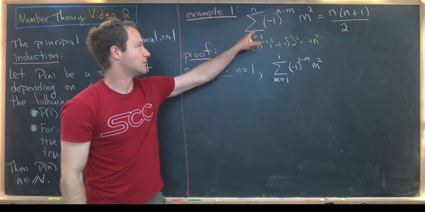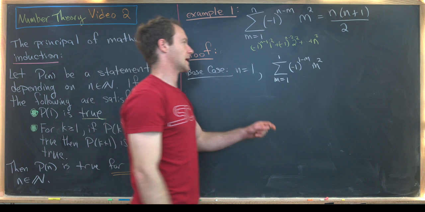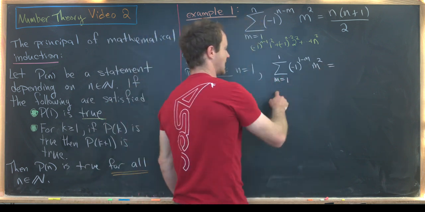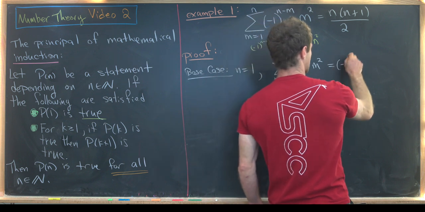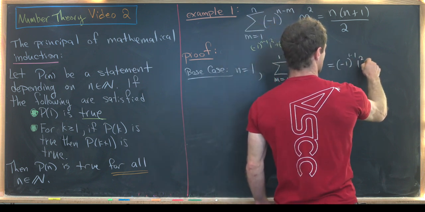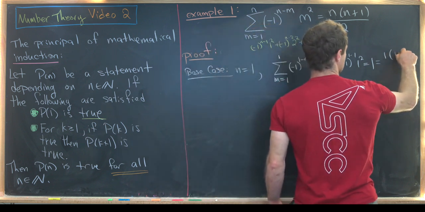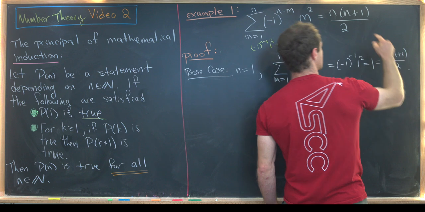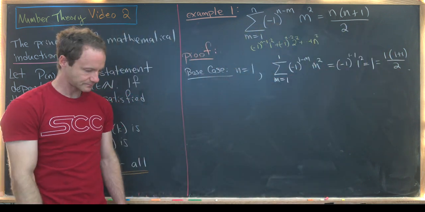So that's what this sum will collapse to if n is equal to 1. Okay, but let's notice that all we have to do is plug in m equals 1. That's going to give us minus 1 to the 1 minus 1 times 1 squared, which is 1. But next, 1 is the same thing as 1 times 1 plus 1 over 2, which matches this form up here. So it works out in this case.